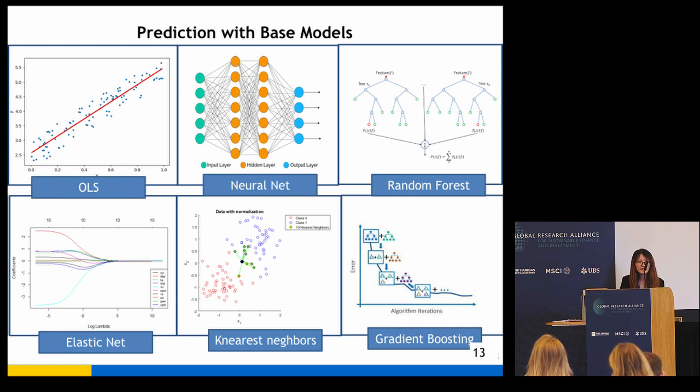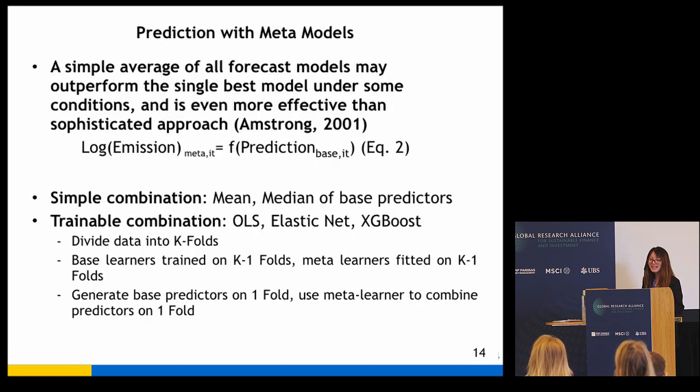So I'm going to walk through the meta model. What we did is try to combine the base learners by using another trainable model. Normally when you have a lot of base learner predictions, you can just average them out, and most of the time averaging improves your prediction accuracy.